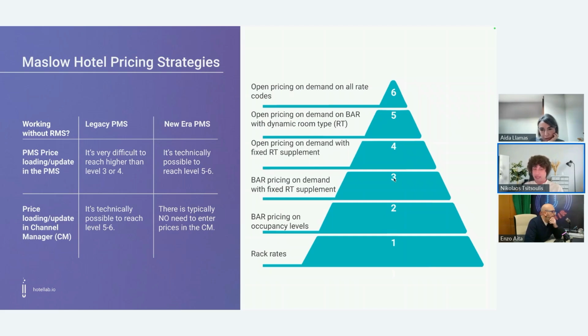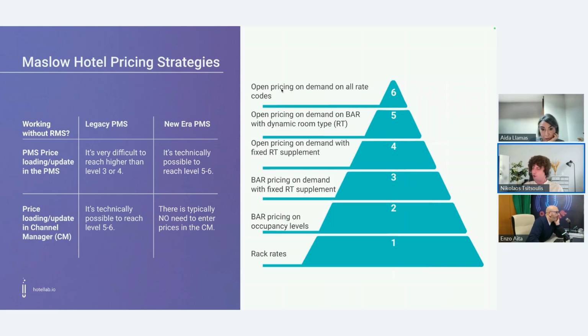But if we speak, and that's exactly what we're going to explore in the next slides, about more advanced pricing strategies, open pricing on demand with fixed room type supplements, or open pricing on demand and dynamic room type supplements, things are getting a little bit out of control if we want to manage them manually.